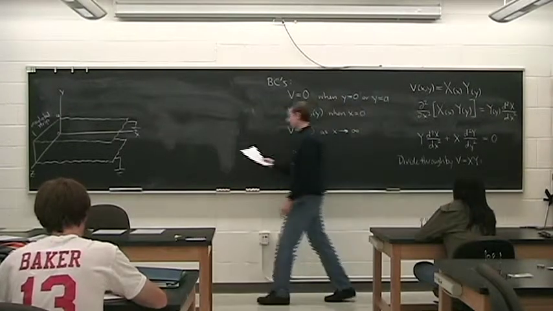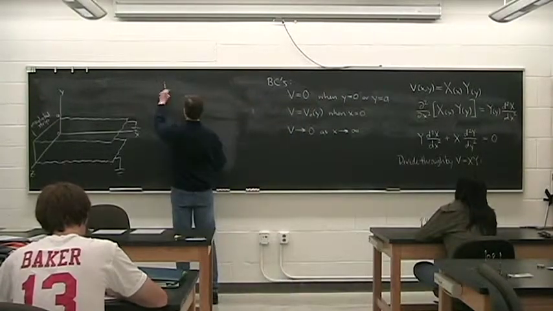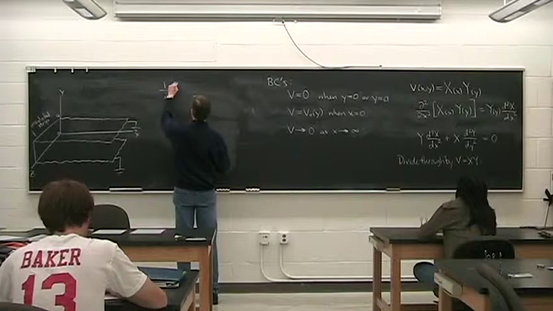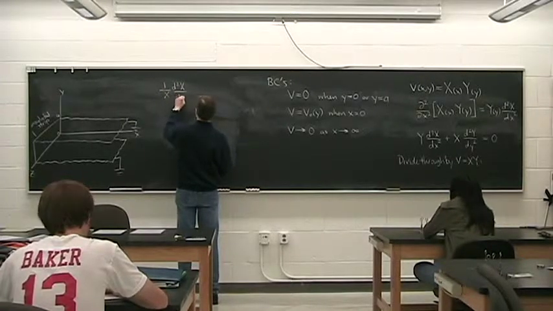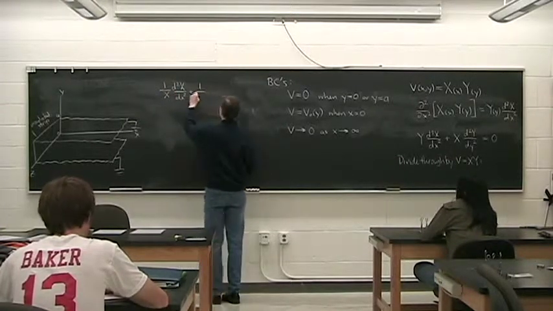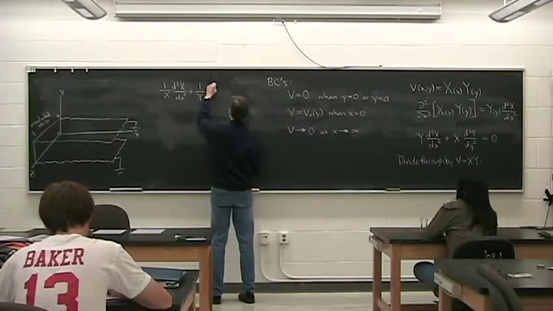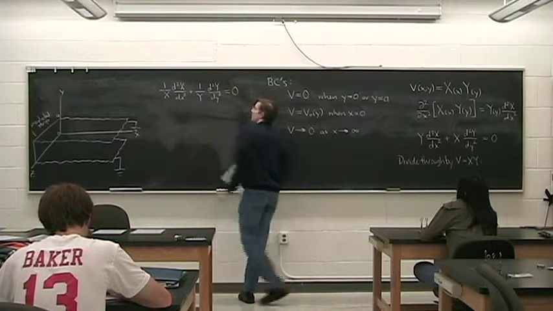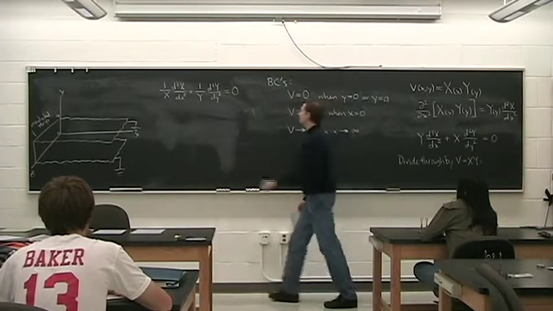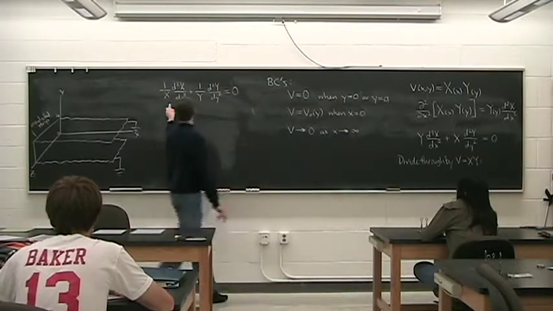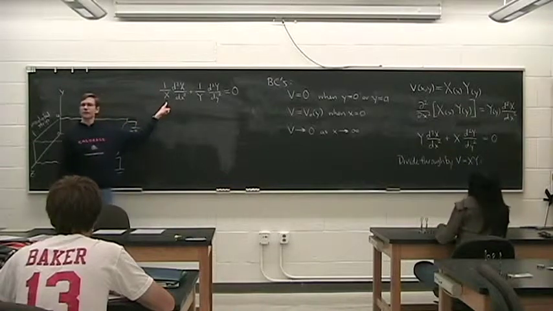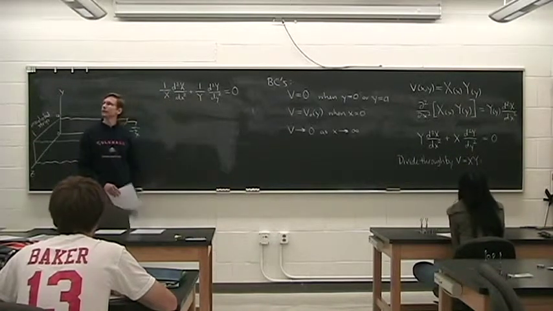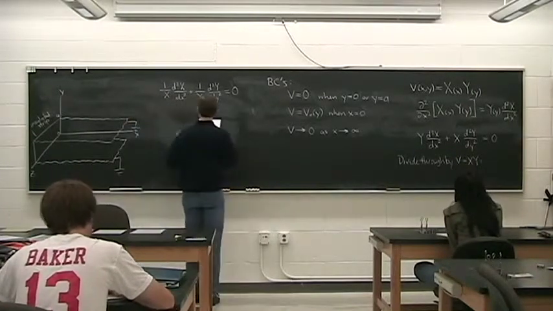Divide through by v equals XY, and then it turns into 1 over big X d squared big X d little x squared plus 1 over big Y d squared big Y d little y squared is equal to 0. And here we've achieved the separation because, in other words, now we've written it as a sum of a term that only depends on x and a term that only depends on y.